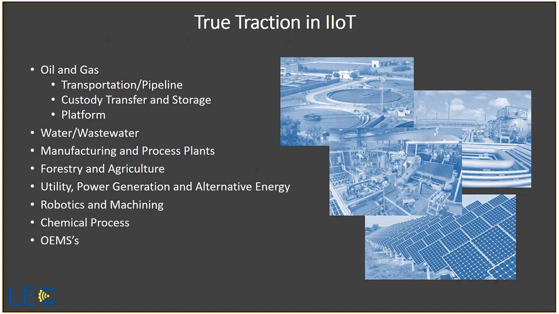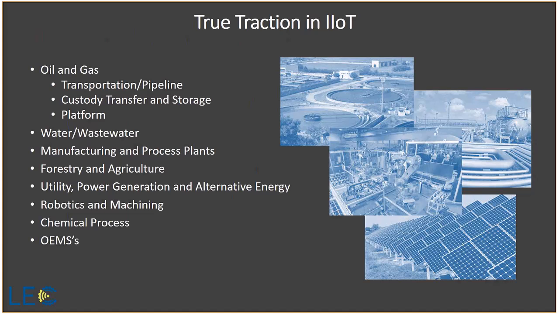Next slide. This is just a good summary of where we're getting traction in industrial IoT. So IoT is a very broad term. This is where LEC has not only focused its effort, but this is where we have active opportunities today. So oil and gas, and that's in transportation and pipeline, custody transfer and storage, as well as oil and drilling rig platforms themselves.